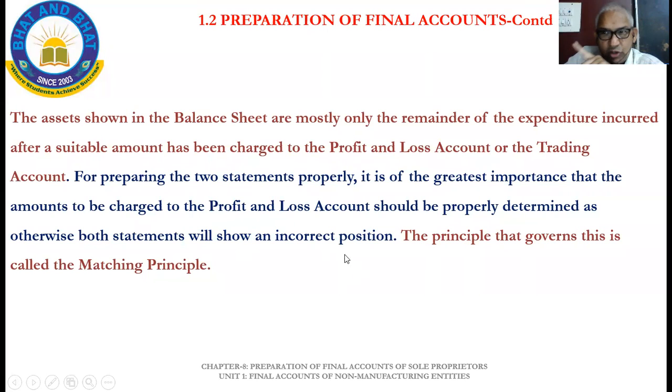There, one is the matching concept. The same, for example, expenditure done. If the income or profit also arises during this period only, that expenditure will be taken into account. Otherwise, it will not be shown as an expenditure on the profit and loss account side. That is the meaning of matching principle or matching concept, the same meaning.